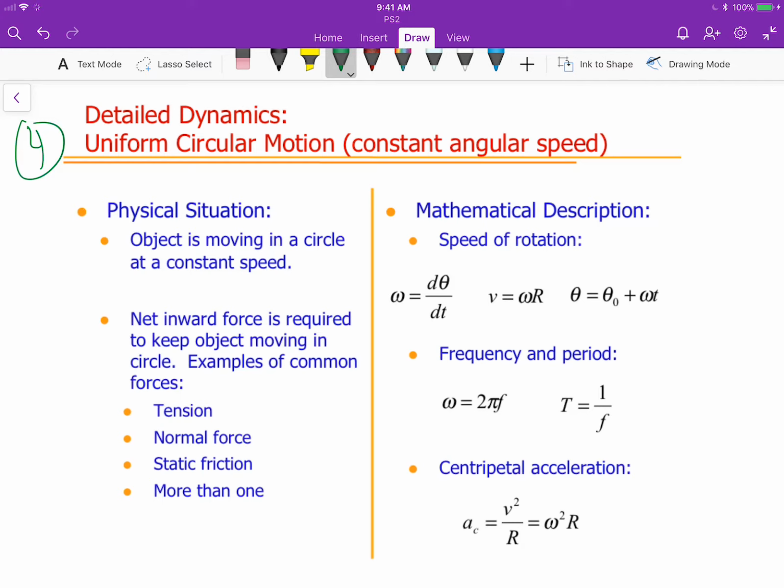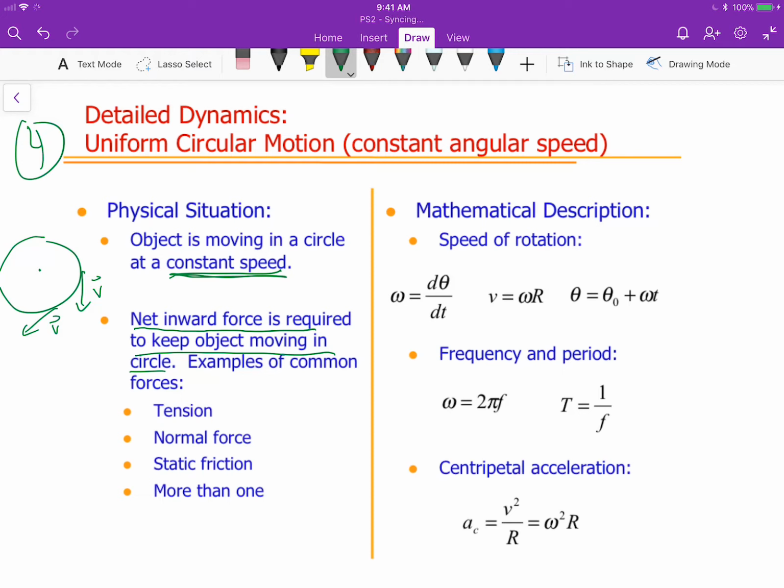So this is a situation where you're moving in a circle at a constant speed, right? I don't say constant velocity, because if you're moving in a circle, your speed could be the same, the length of these are the same, but the direction of the velocity changes. And the net inward force is required to keep it moving in a circle, right?